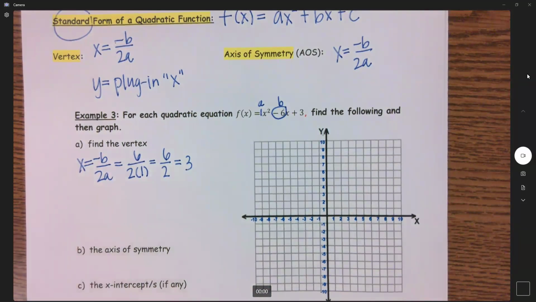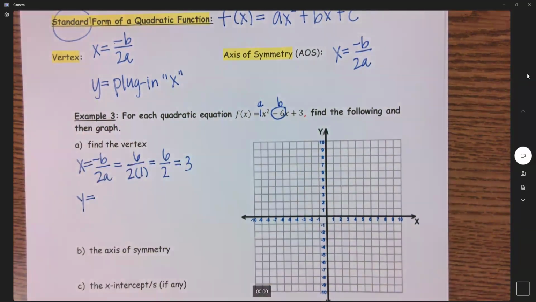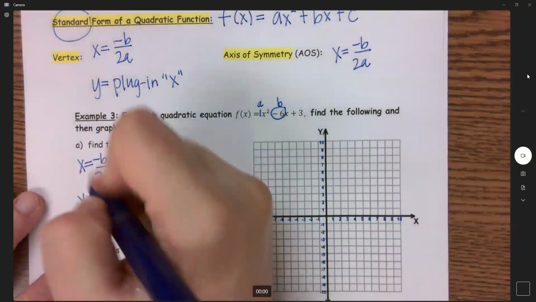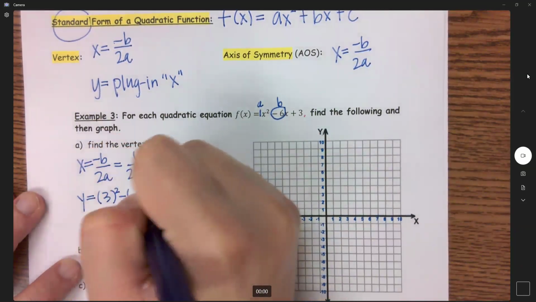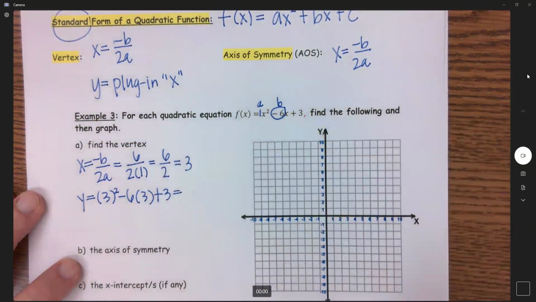That's only half of my answer. I need an ordered pair. So now we will substitute this in to get our y. So I'm going to put in a 3 into both of these x's here. So I have 3 squared minus 6 times 3 plus 3.